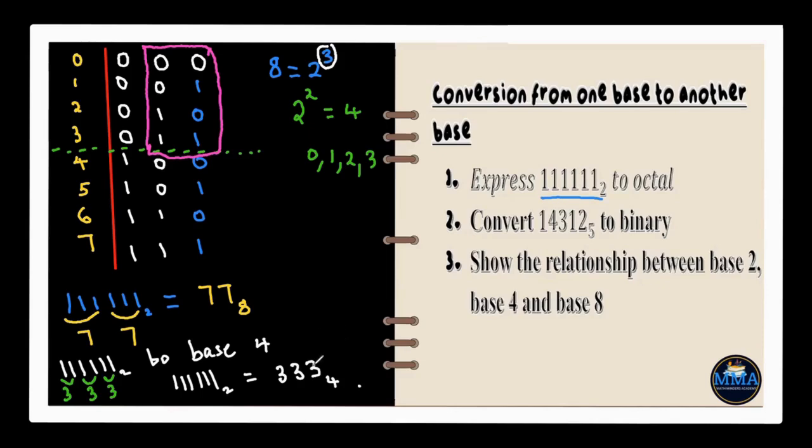For us to understand that this result is true, we are going to convert this result, 333 base 4, back to base 2, and we'll see if it's going to give us 111111 base 2. Once we're able to see that the left-hand side of this expression is equal to the right-hand side, then we'll conclude that this result here is valid. So let's move on to test that.